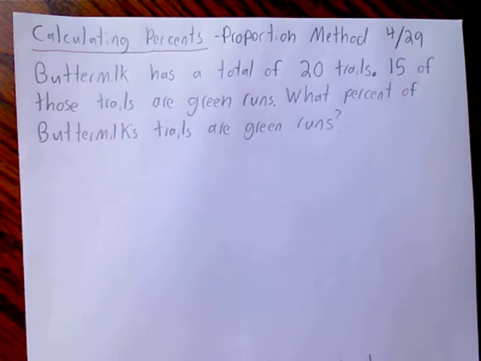So buttermilk has a total of 20 trails. 15 of those trails are green runs. What percent of buttermilk's trails are green runs? So if I was a tourist visiting Aspen and I wanted to know about buttermilk, I would say, hey, I'm a really beginner skier.